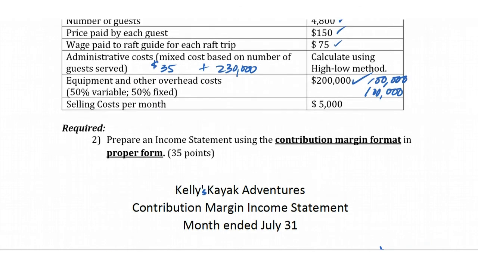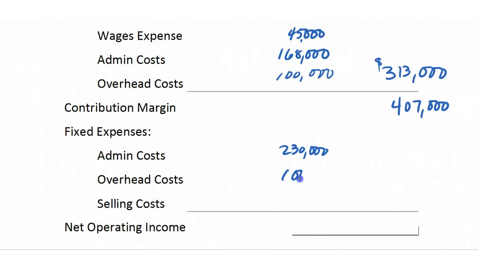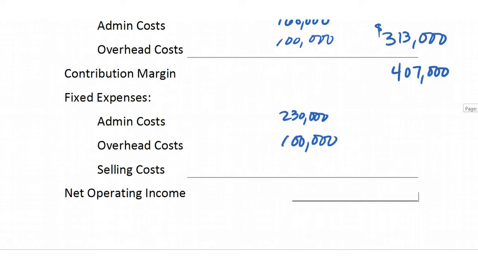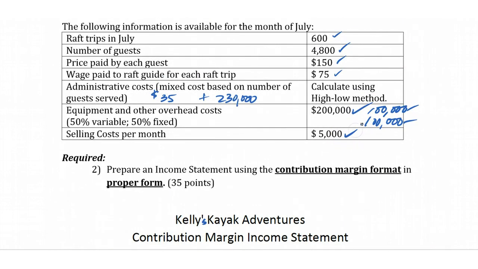My overhead costs are again 50% variable, so 50% was fixed. So that's another 100,000. And then we have this goofy little one here. The last thing we haven't checked off, 5,000, selling costs. A lot of times selling costs are variable, but in this case, it's telling us it's 5,000 per month.